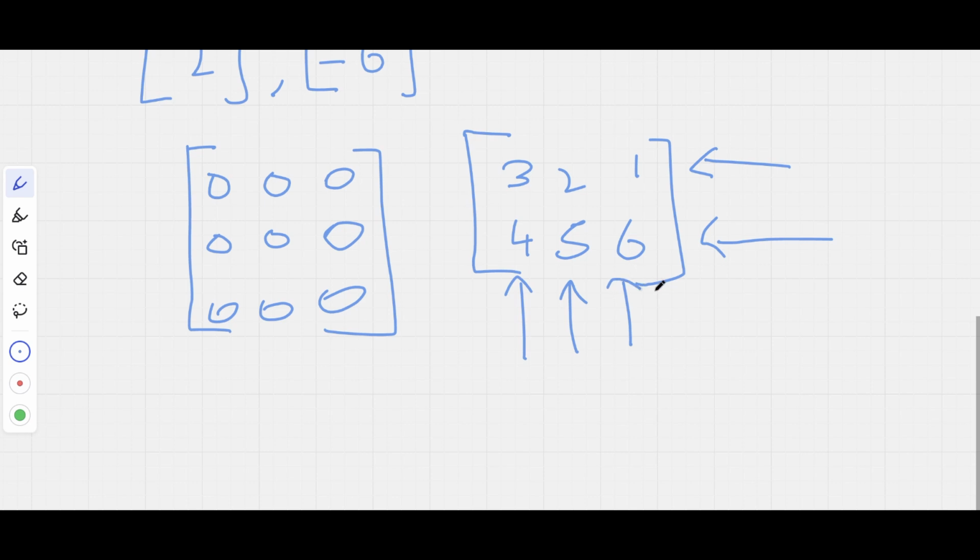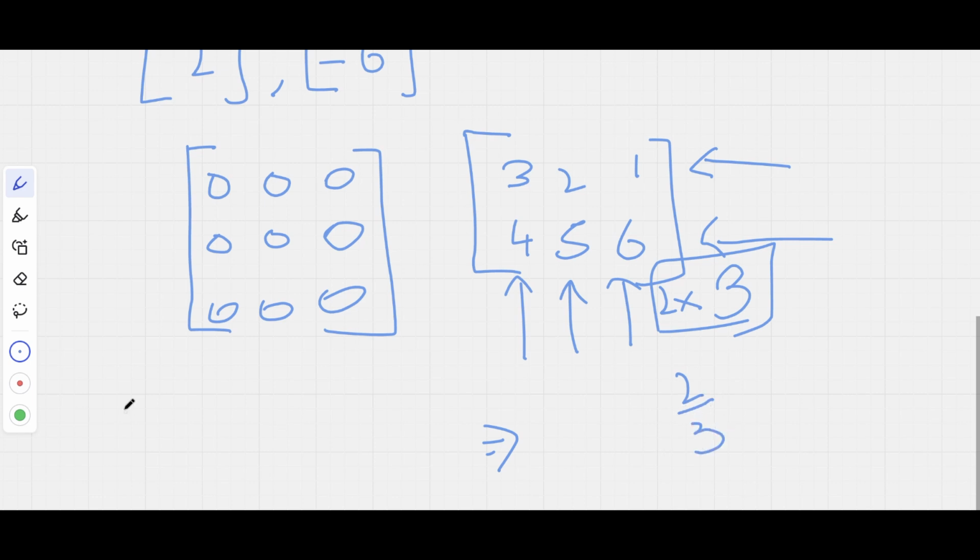So what is the order of this? 2 by 3. This is a 2 by 3 matrix, where I is not equal to J. That means this is a rectangular matrix. When we write it, we write 2 into 3. When we talk, it is 2 by 3.